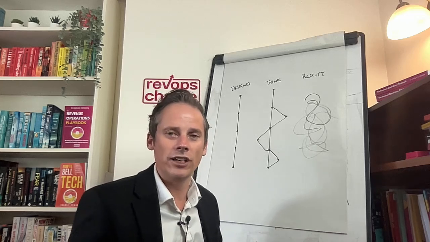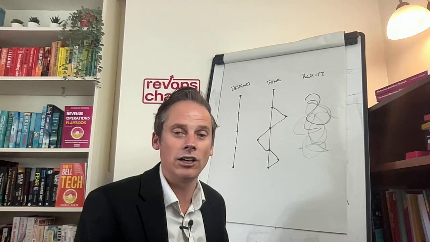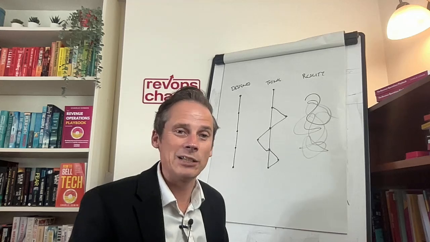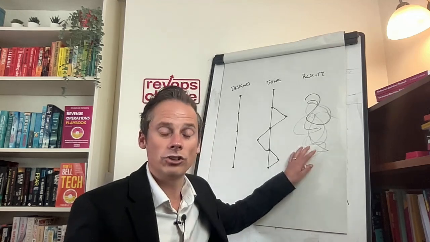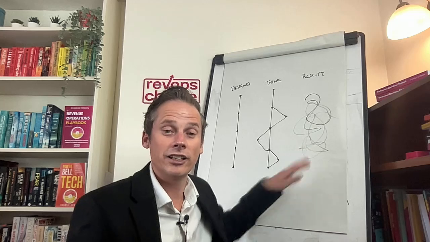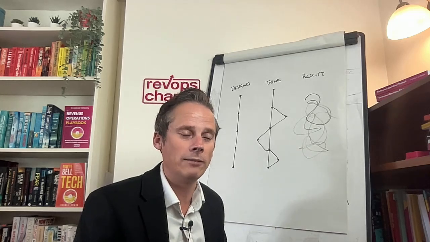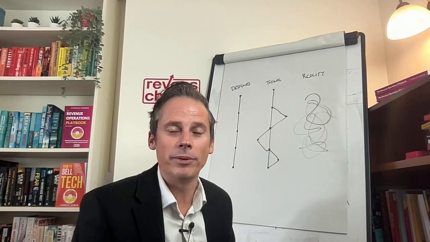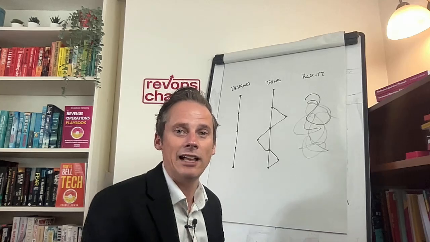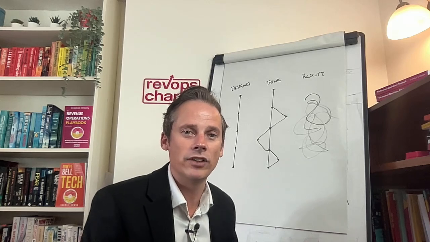You may have heard of this. It's a software category that has risen to prominence in the last few years and is becoming even more important as companies struggle to get a hold on what their current state is so they can then figure out how to use AI to improve that. So the leader in this space is a company called Celonis, and I'll share a link to that in this video.